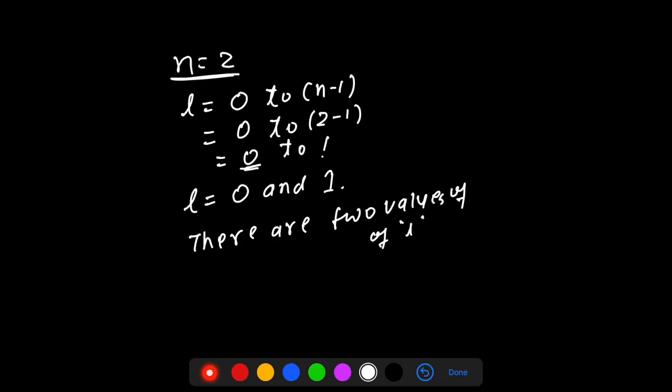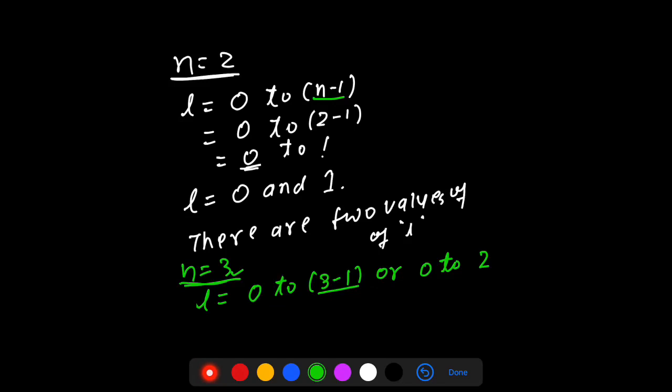We can say that there are 2 values of L, right? Fine. If I find out about the third shell, the value of L should go from 0 to 3 minus 1, n minus 1, right? Because the value of n is 3 over here, so 0 to 2. All the integers from 0 to 2, so is it 0, 1 and 2?